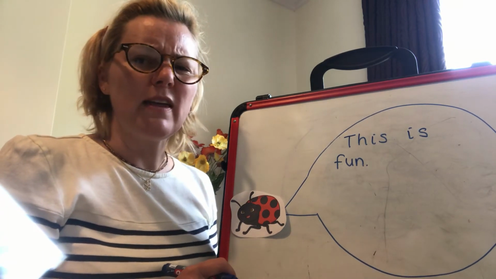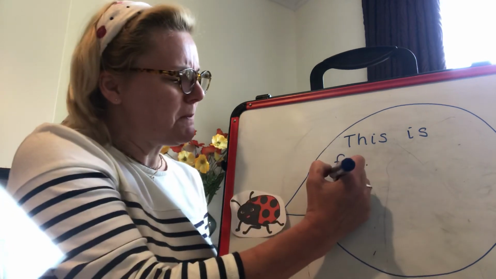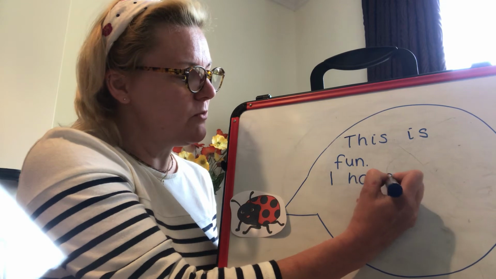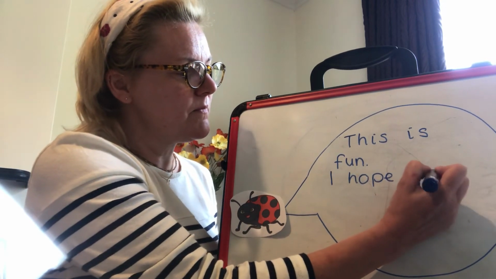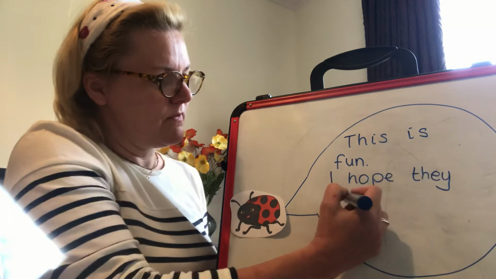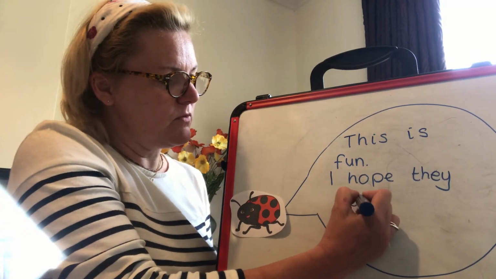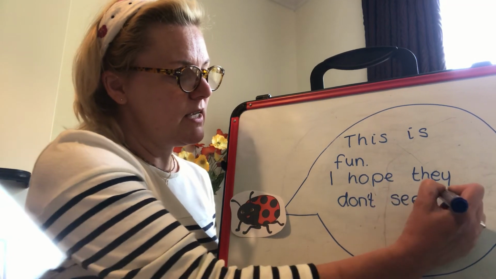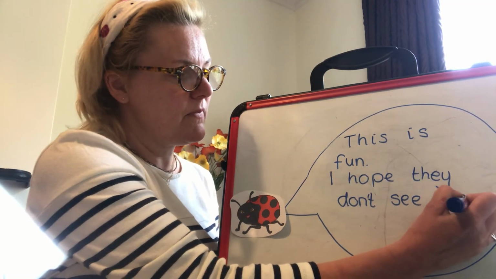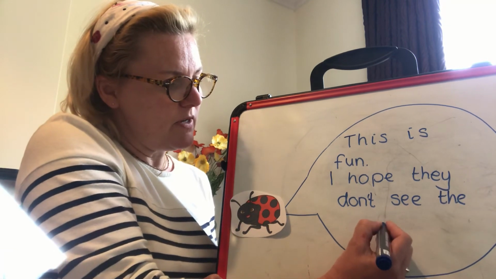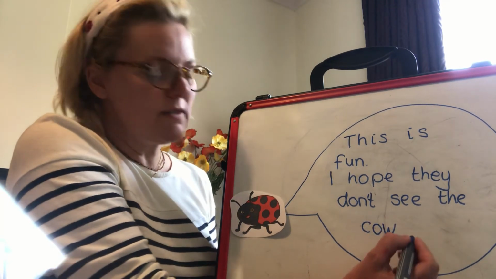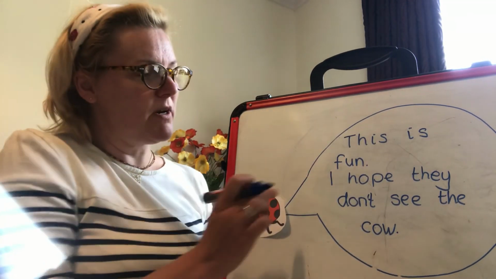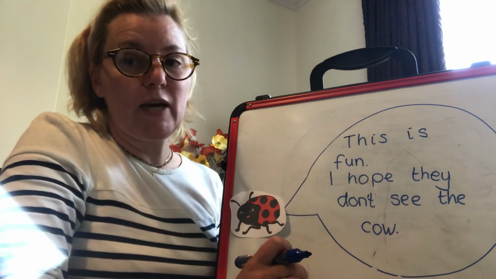So maybe he will say, I hope they don't see the cow. And what do I need at the end of my sentence? That's right, a full stop. This is fun, said the ladybird. I hope they don't see the cow.